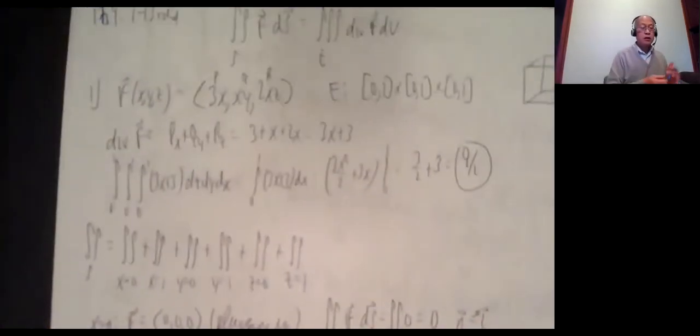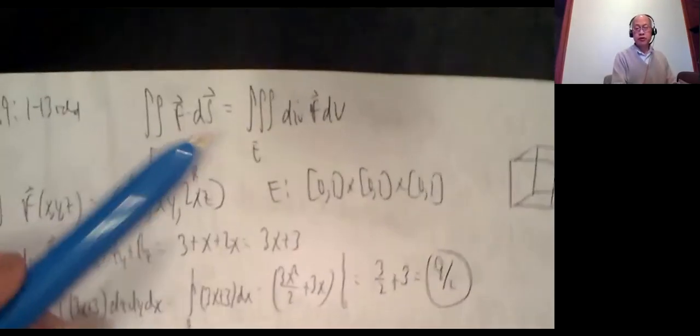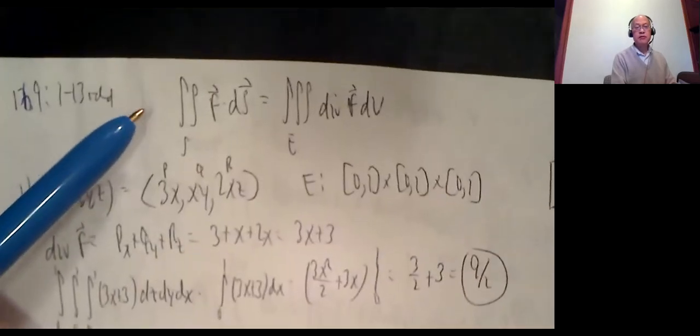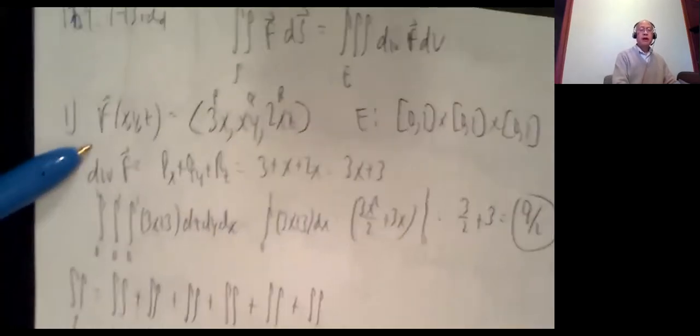Okay, so here we go. So here's the divergence theorem. We know how to compute a divergence, right? That was back in section 5, I believe it was. All right.